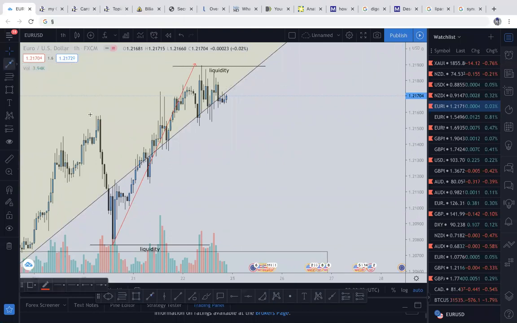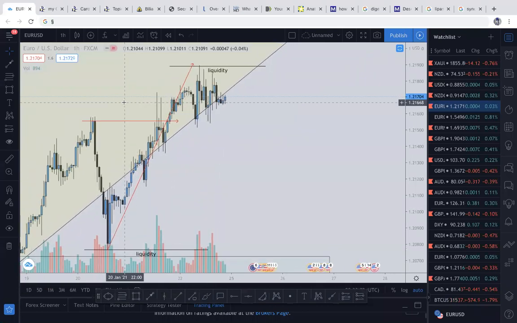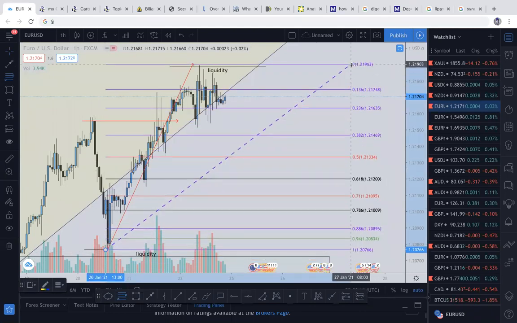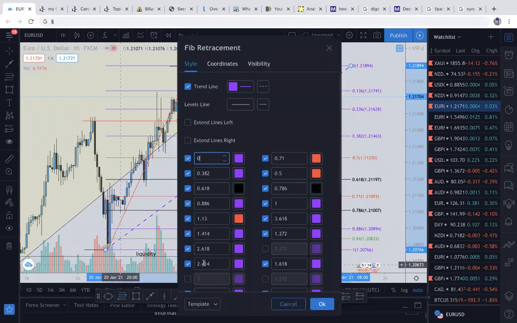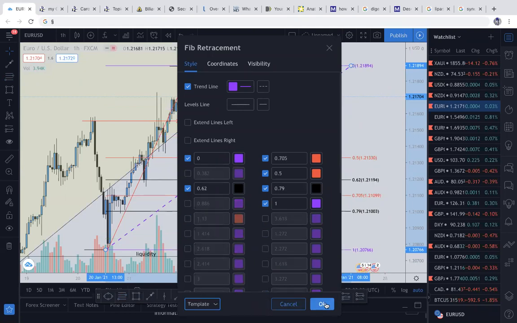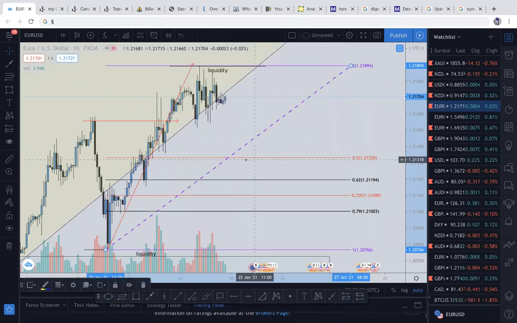Now the break of market structure happened here. So now, everywhere in this area, if I pull my fib from here, I want price at 50%, 62%, 70.5%, 79%.